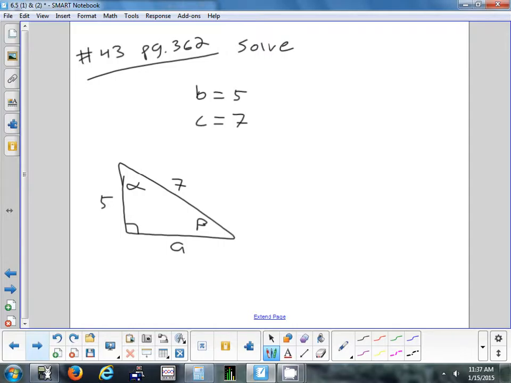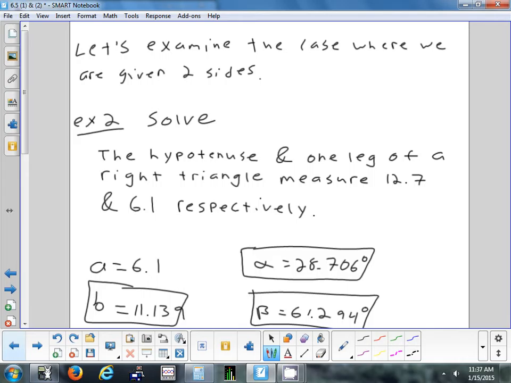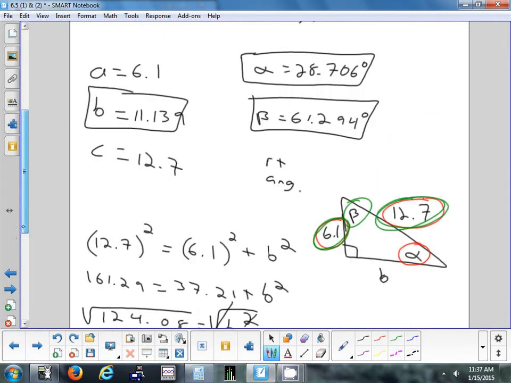Those are the sides I know. And then to find alpha, that's adjacent and hypotenuse, I'm going to use inverse cosine. But there's nothing different about that problem than the one we just did. Pretty much the same idea.